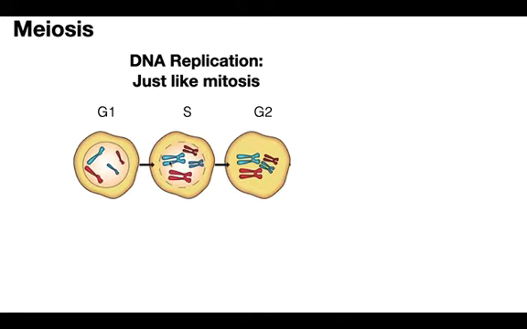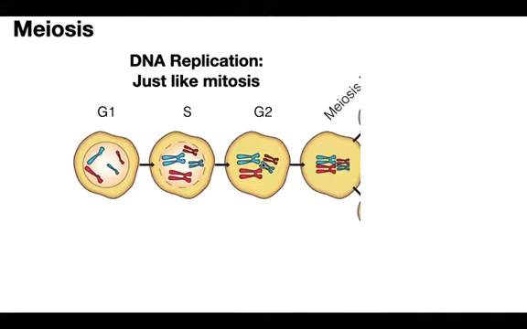The reproduction of DNA happens just like in mitosis. So we have this growth 1 phase just after these cells are originally formed, an S phase during which the cell is synthesizing its DNA, and then a G2 phase where the synthesized DNA in sister chromatids, which again look kind of like X's, are ready to be separated.